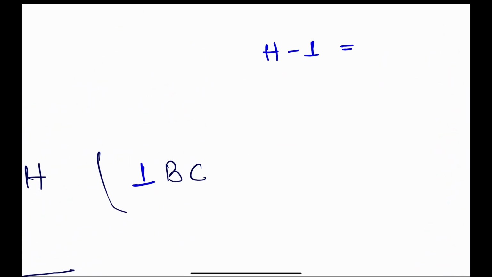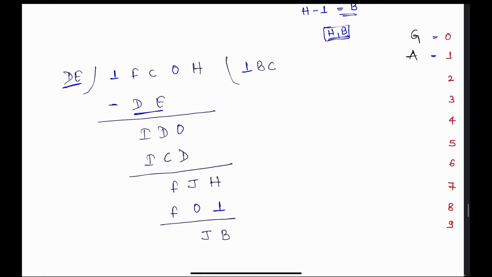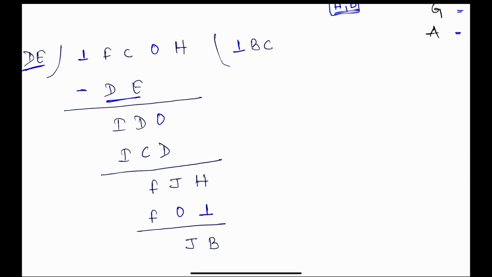H minus 1 equal to b. So in other words I can say that h and b are consecutive. Bigger will be, of course, h, and b will be smaller. So that much we already solved.